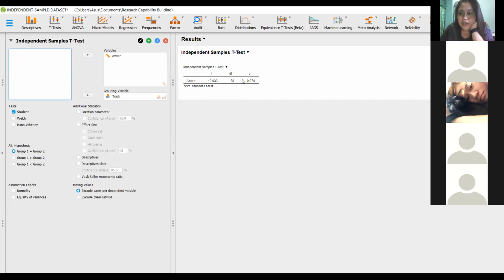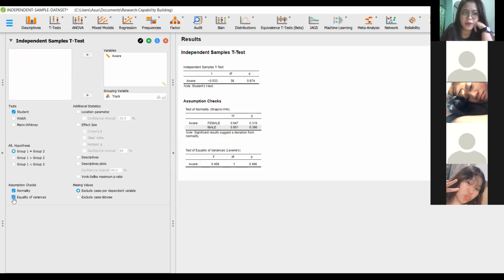Class, we use the p-value when we use software, and we don't need the table for the critical value. Then we can click normality or equality of variance. Assumption checks will appear; it tests whether our data is normally distributed, and the test for equality of variances will also appear.